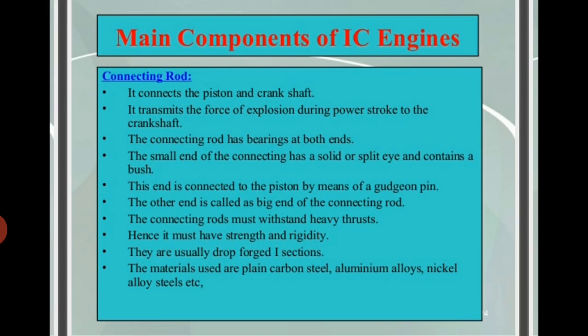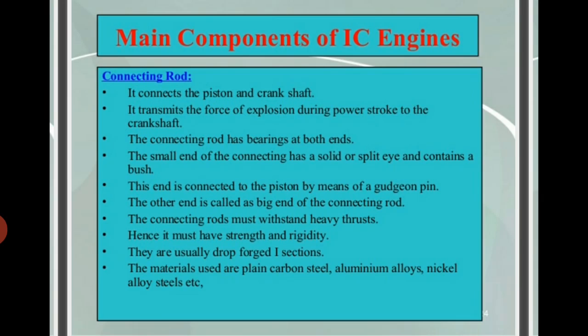Now our next main component is the connecting rod. The connecting rod connects the piston and the crankshaft. It transmits the force of explosion during the power stroke to the crankshaft. The connecting rod has bearings at both ends. The smaller end has a solid or split eye and contains a bush.